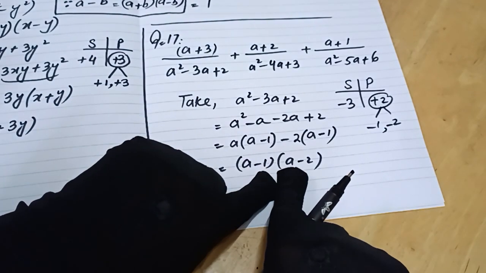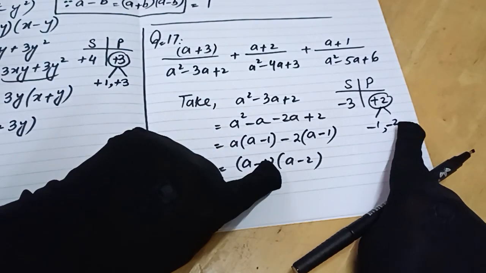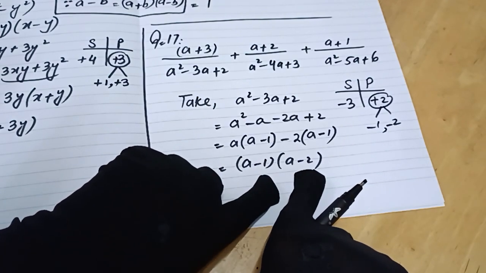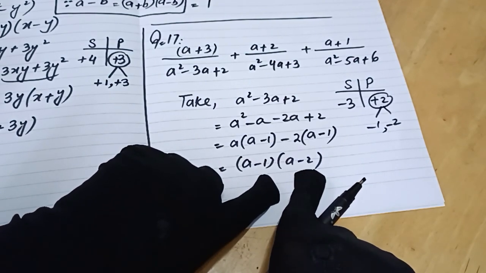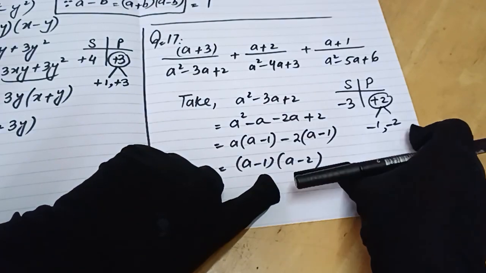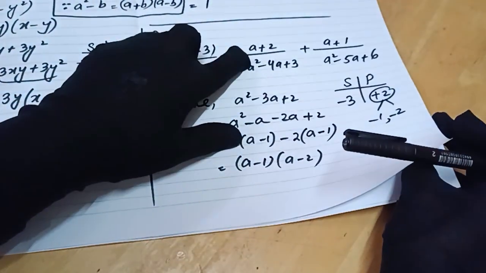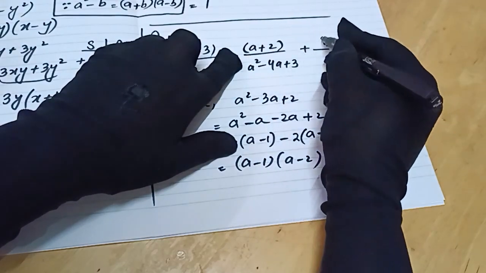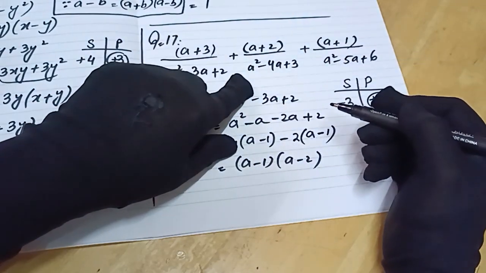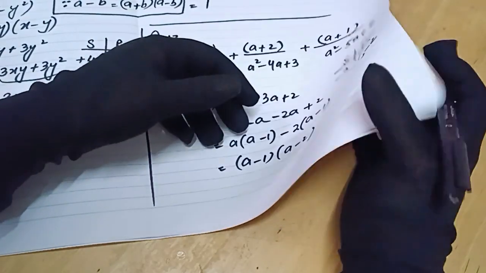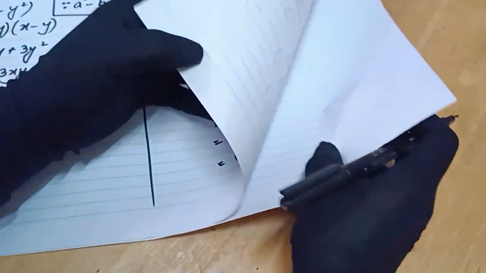Then again the variable and minus 2 as the other factor. So the shortcut of writing the factors is done. Next, this one is already in factor form, so we will factorize this denominator and this denominator. Let's go for the next calculation.